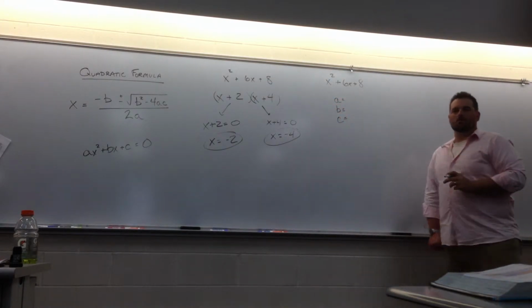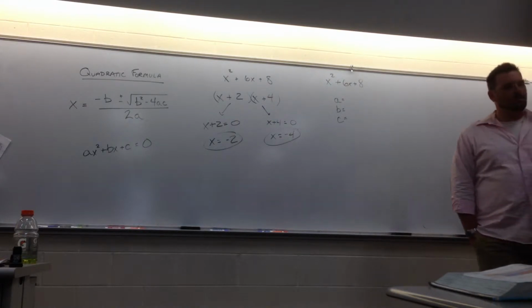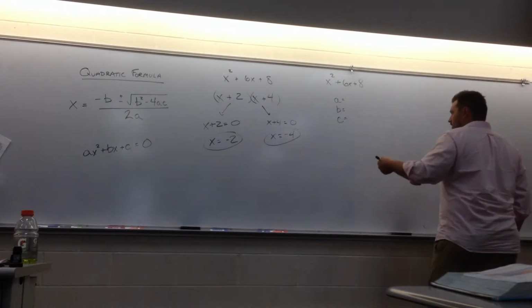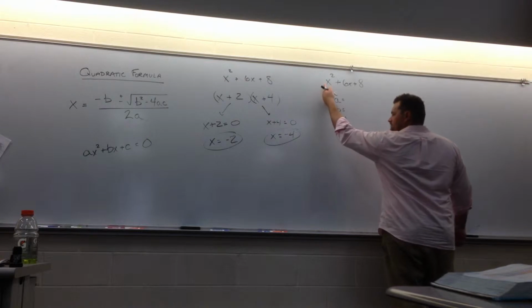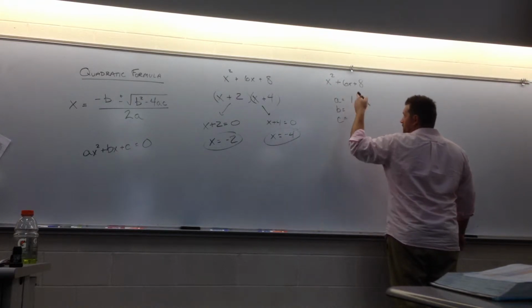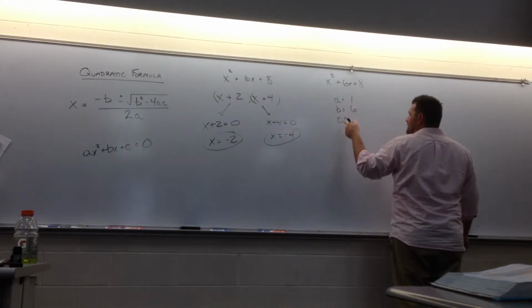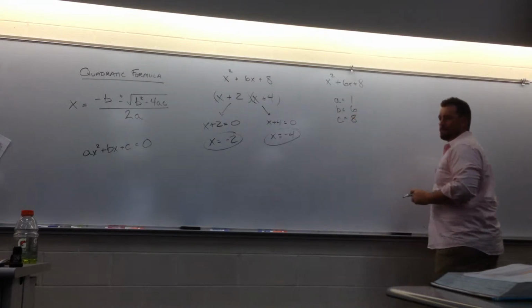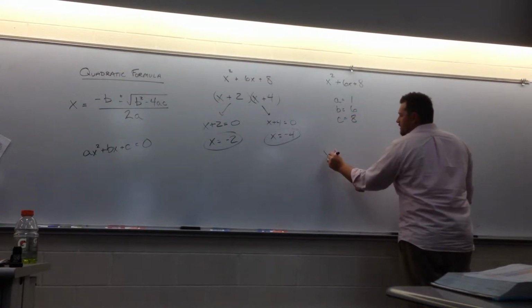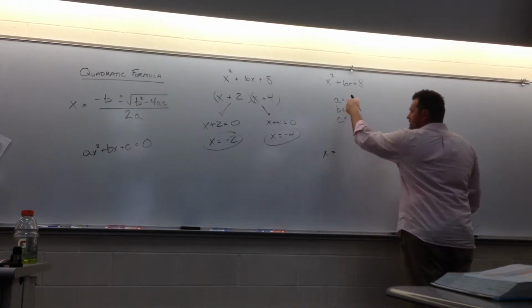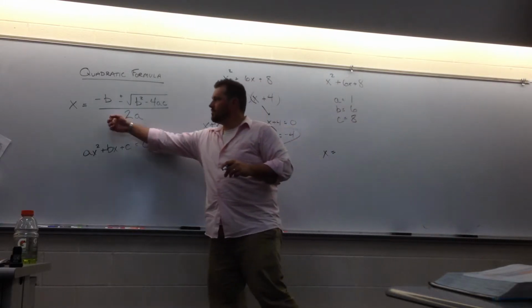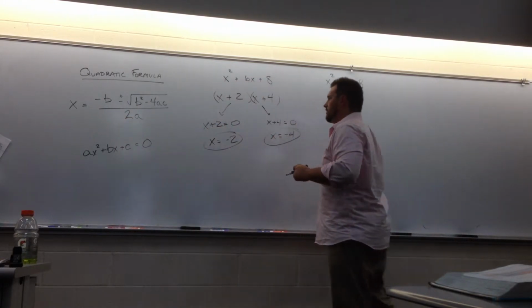Now, what I want to do is figure out first what does a equal, what does b equal, and what does c equal. So what's my a value here? 1. What about b? 6. And c? 8. Once I have that, I can go ahead and plug these values into the quadratic formula.